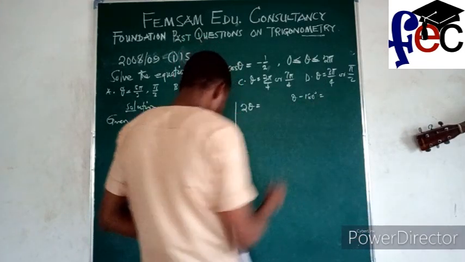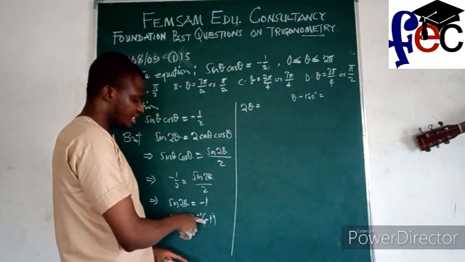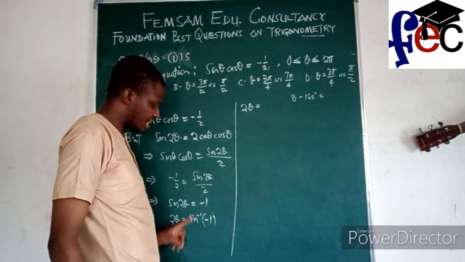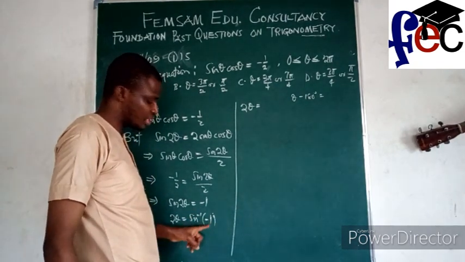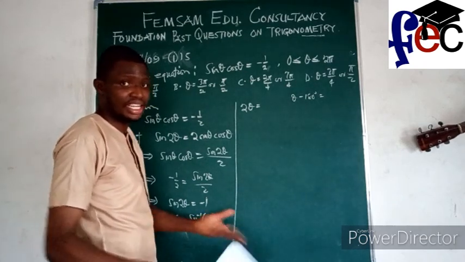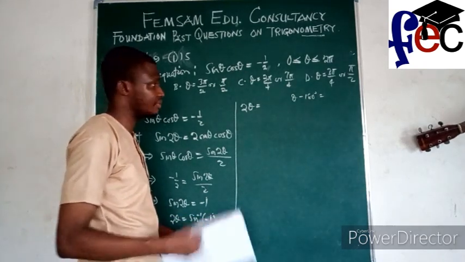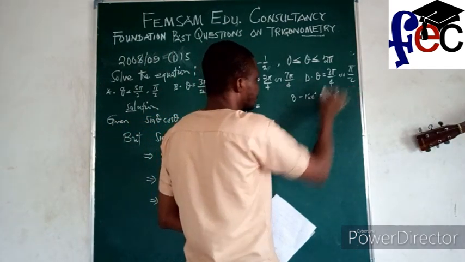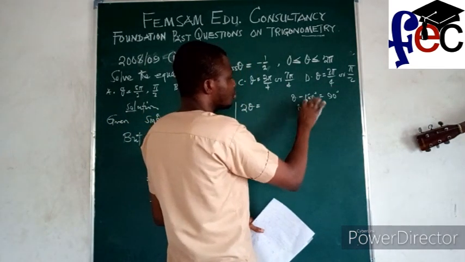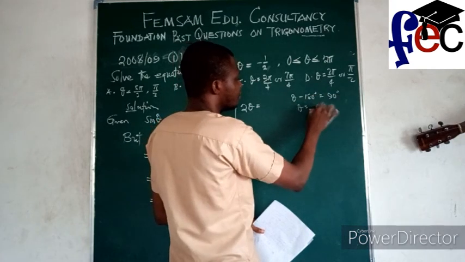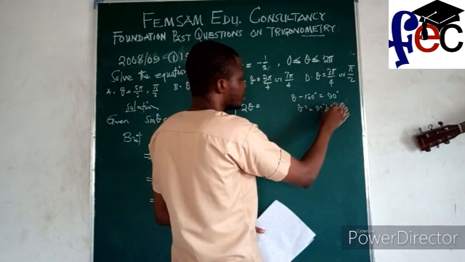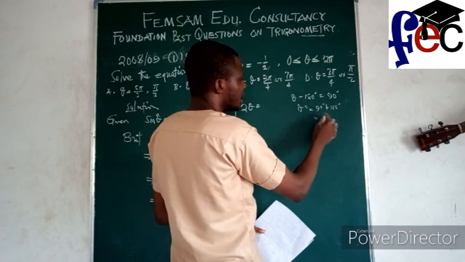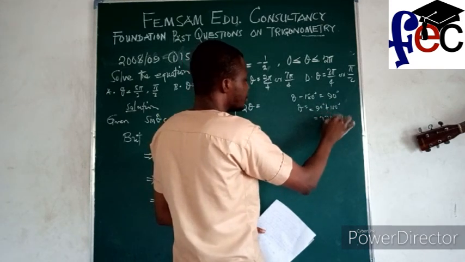The acute angle in this case, because I'm ignoring the negative sign now, is the arcsine of what will give me 1. That's 90 degree. So theta will be equal to, transferring this to the other side, 90 degree plus 180 degree, and that is 270 degree.